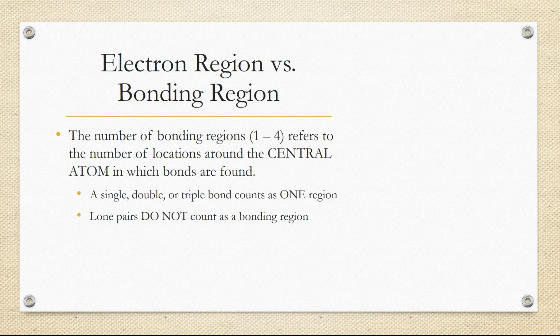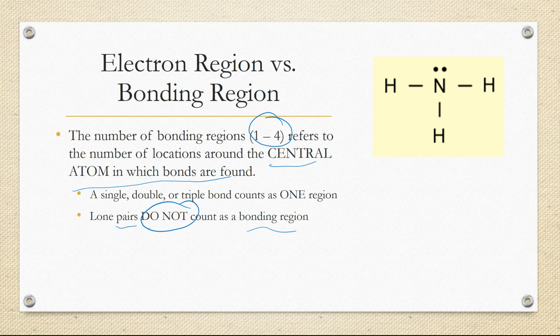Now, the number of bonding regions, which again could be anywhere from 1 to 4, refers to the number of locations around the central atom in which bonds are found. A reminder, a single, double, or triple bond counts as 1 region, but lone pairs do not count as a bonding region. We already established that our ammonia molecule has 4 electron regions, but for the number of bonding regions, we only have 3.